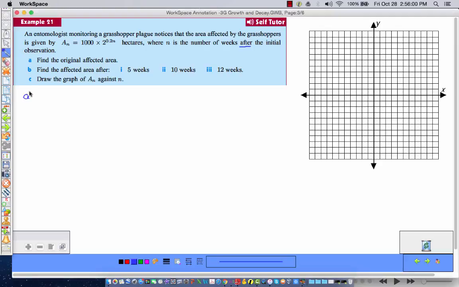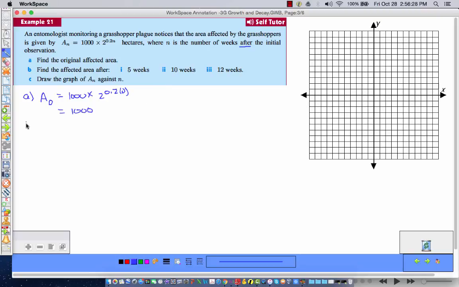Well, the original affected area is at week 0, like we haven't had a week pass, so we would find a sub 0. Well, that would be 1,000 times 2 to the 0.2 times 0. Well, that's going to be 2 to the 0, and anything to the 0 power is 1. So the original area is 1,000 hectares. Bam! So there we go.